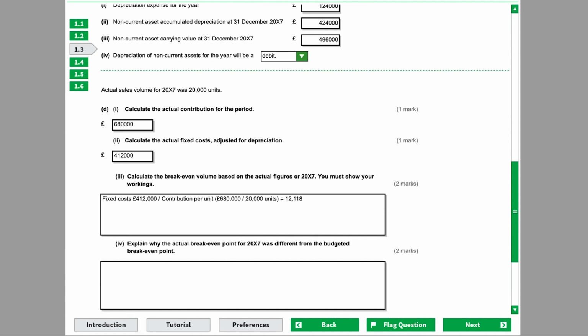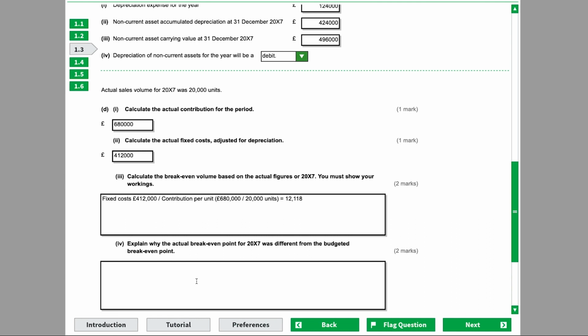Moving on to the last part then. It says explain why the actual break-even point for 2017 was different from the budgeted break-even point. And this is worth 2 marks. So the key here then, if it's worth 2 marks, is to get 2 points. So then, why has there been a difference? Well, to start then, the actual break-even volume was 12,118 units, which was higher than 12,000 units.